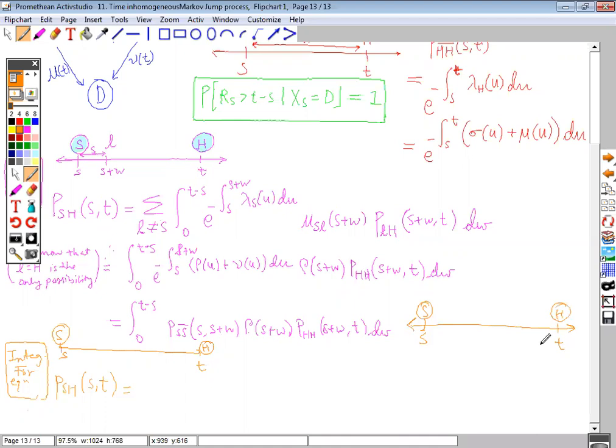So first question, when are we going to jump in this case? If I'm looking at the forward equation, when do I expect to jump? At the end, right?